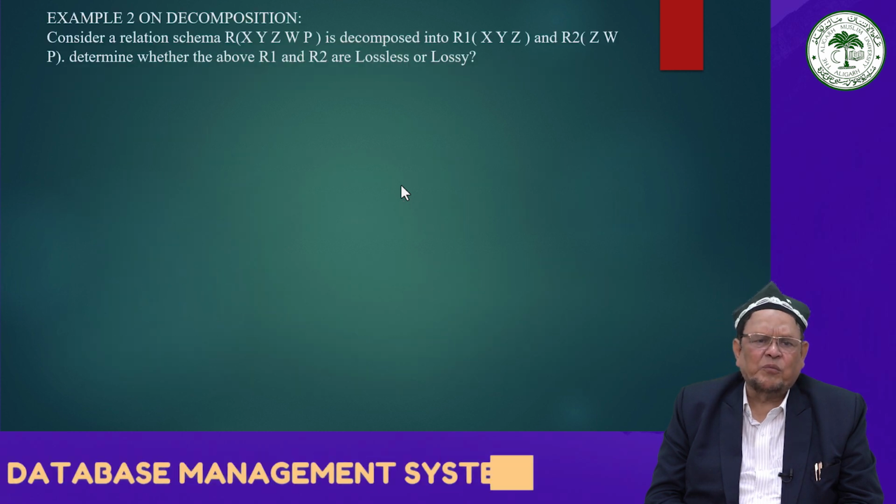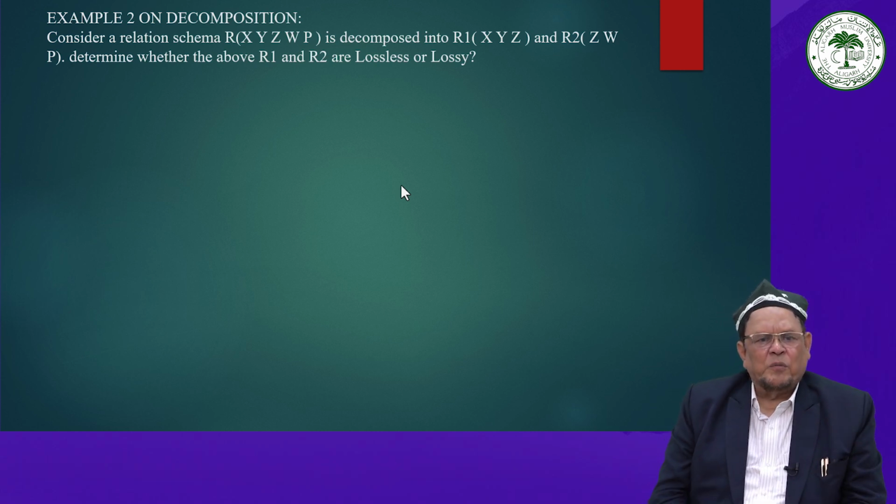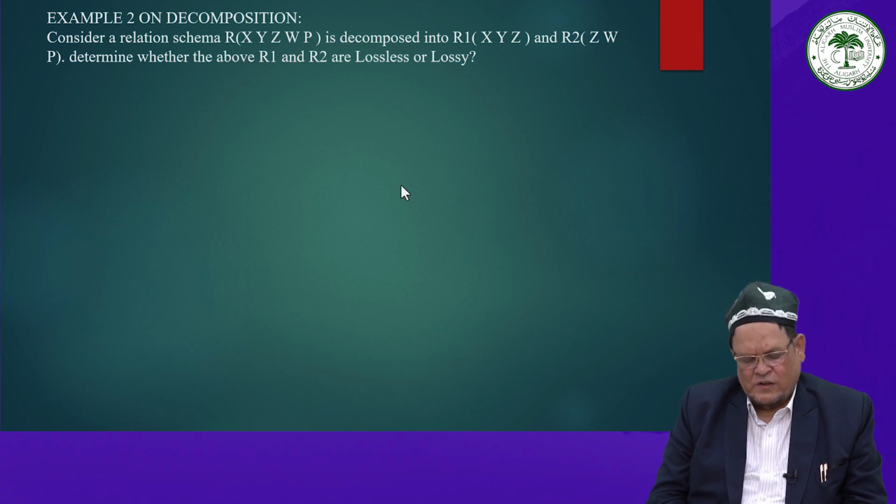By taking the next example, I hope it will be more clear. Consider relation schema R(X, Y, Z, W, P), decomposed into R1(X, Y, Z) and R2(Z, W, P). Determine whether the decomposition R1, R2 is lossy or lossless.